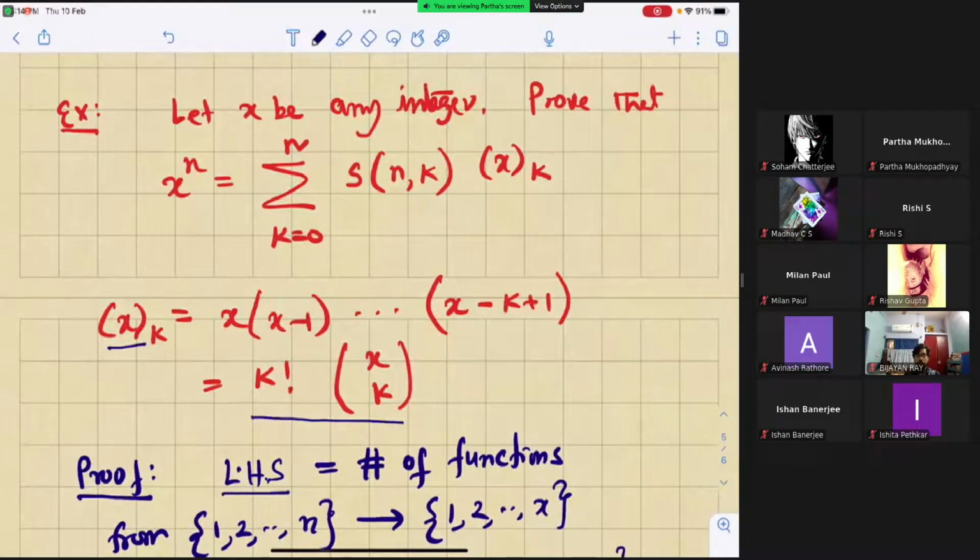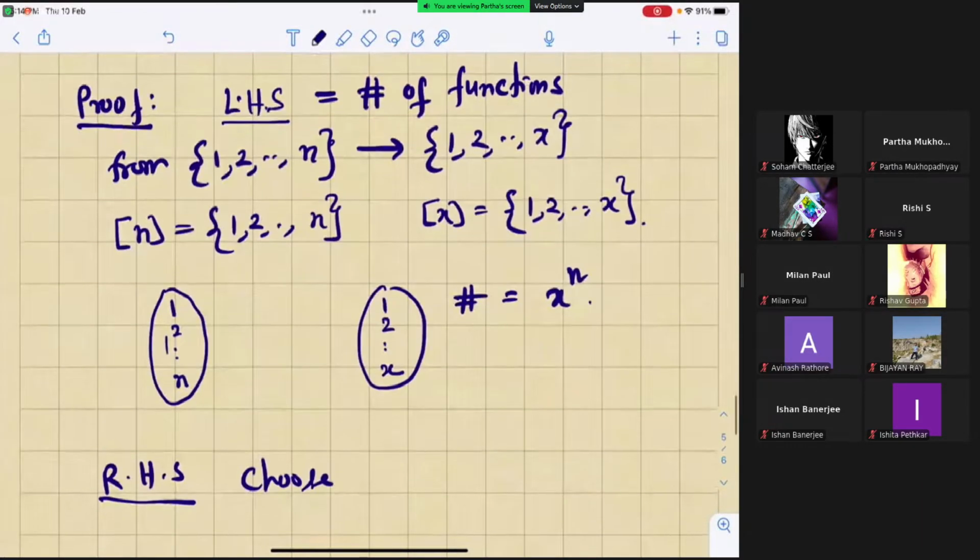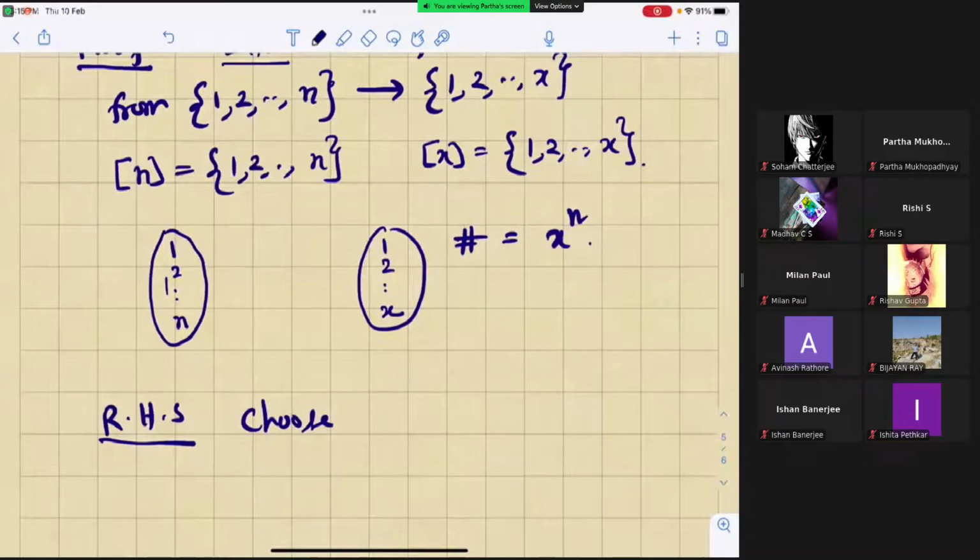Choose k boxes out of x, distribute the balls into them, and then label these boxes in all possible ways. That is the same as counting the functions. True? So we can choose any k length subsets from 1 to x.